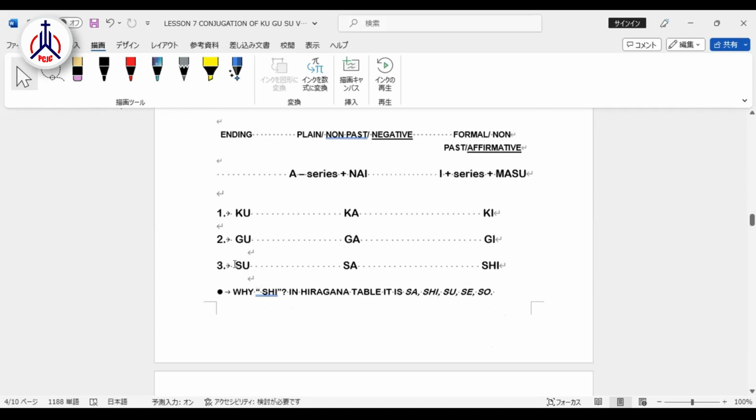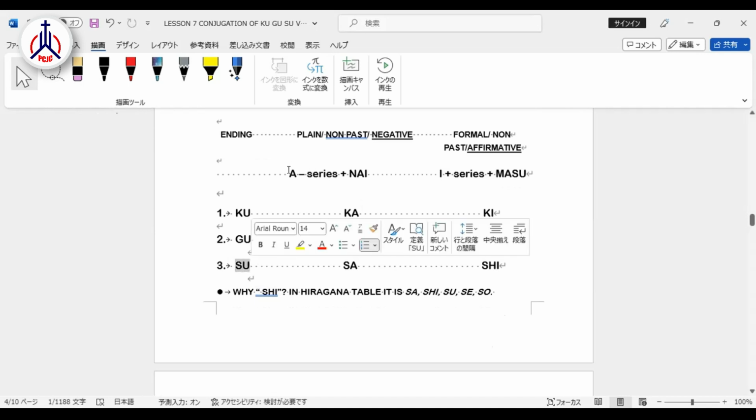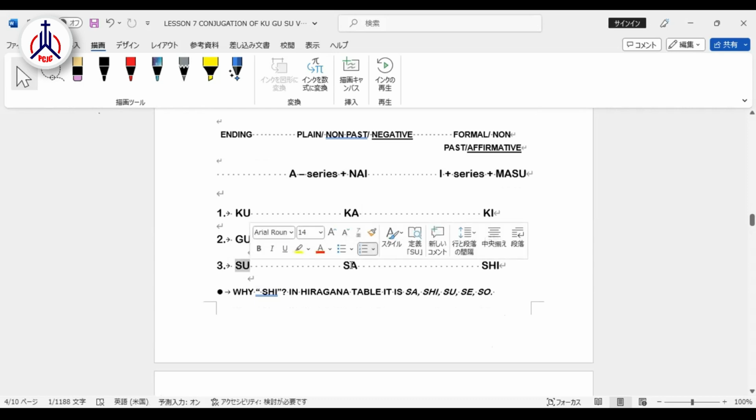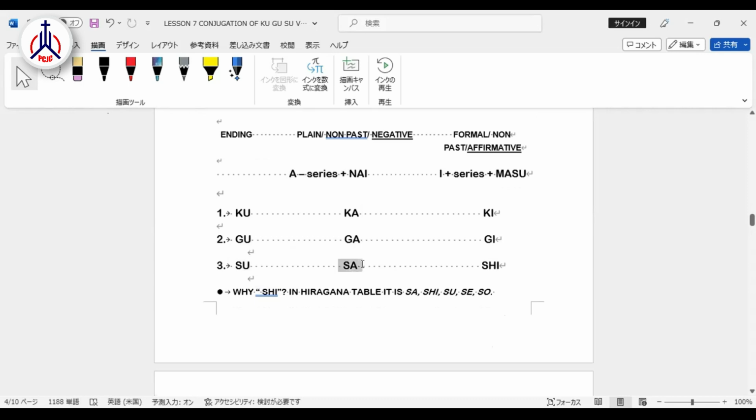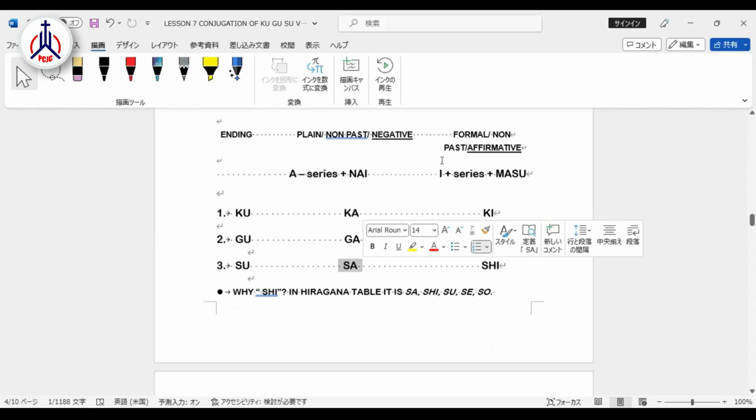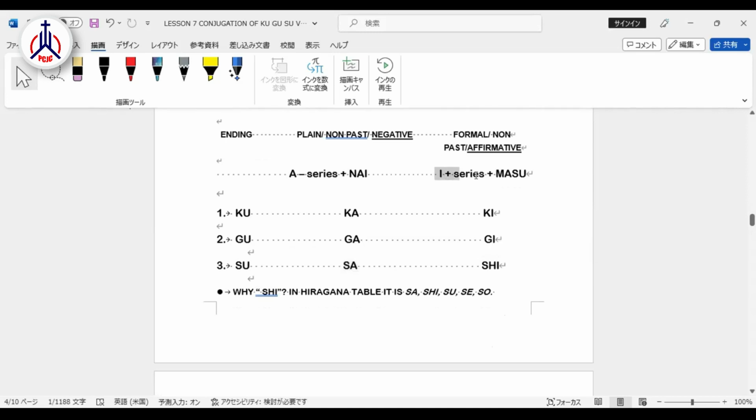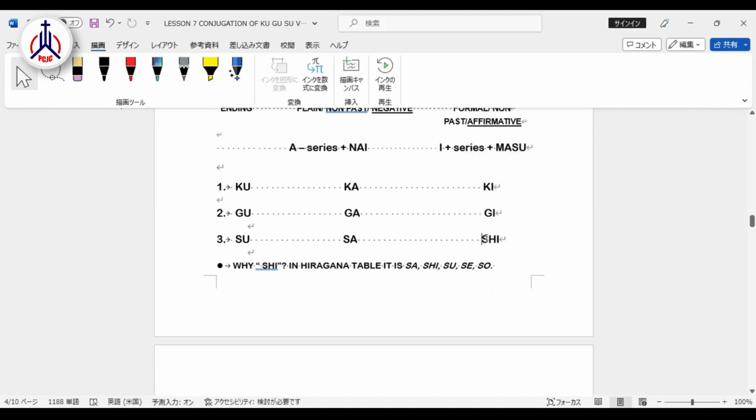And then in group 2, which is the su verb, again the A series, change the u to a, it will become sa. And then for the formal non-past affirmative, change it to the I series: su, sa, shi. Okay, why shi? Maybe you would ask, it should be si, right? SH.